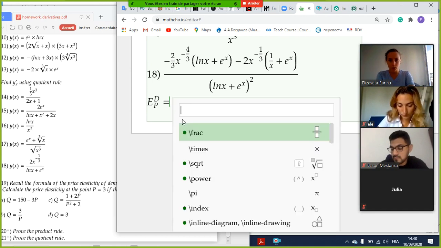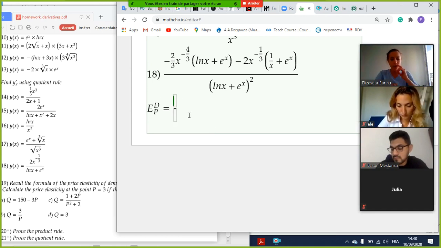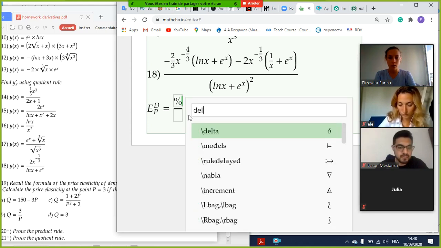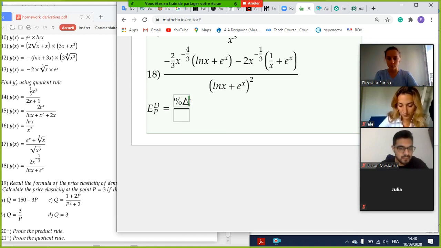So we usually have a fraction of percentage change of Q. So this delta means the increment, right?